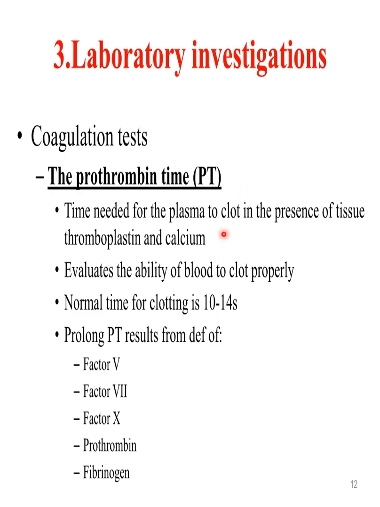PT is the time for the plasma to clot in the presence of tissue thromboplastin and calcium. The normal PT is 10 to 14 seconds, and when the PT is prolonged, it is a pointer to factor 7 deficiency, factor 5 deficiency, factor 10, and also the prothrombin and fibrinogen have an important bearing on it.